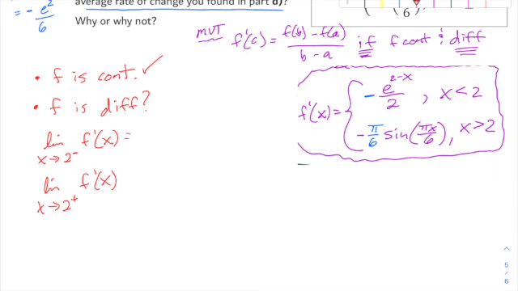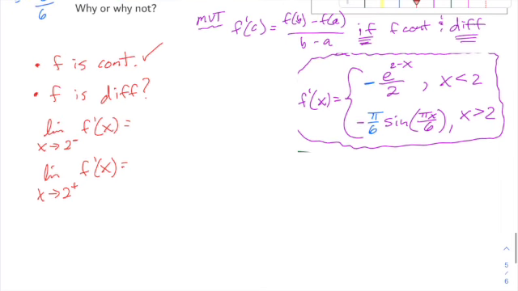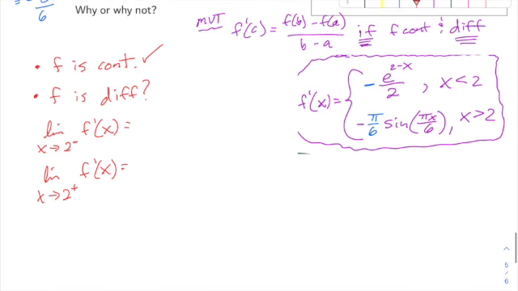In other words, does the slope from the left equal the slope from the right on f? That's what you're essentially checking to make sure there are no cusps. We already know it's continuous, but if the pieces aren't joined smoothly, that creates a cusp, and that's not differentiable. So it's really a matter of just plugging 2 into these f prime values.